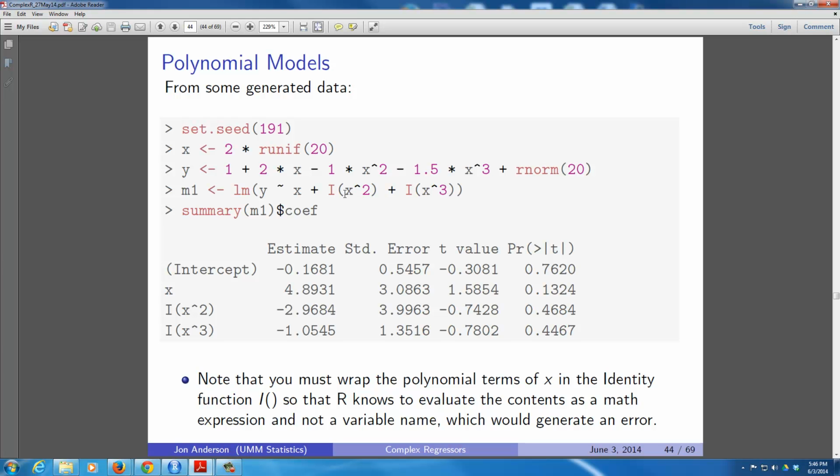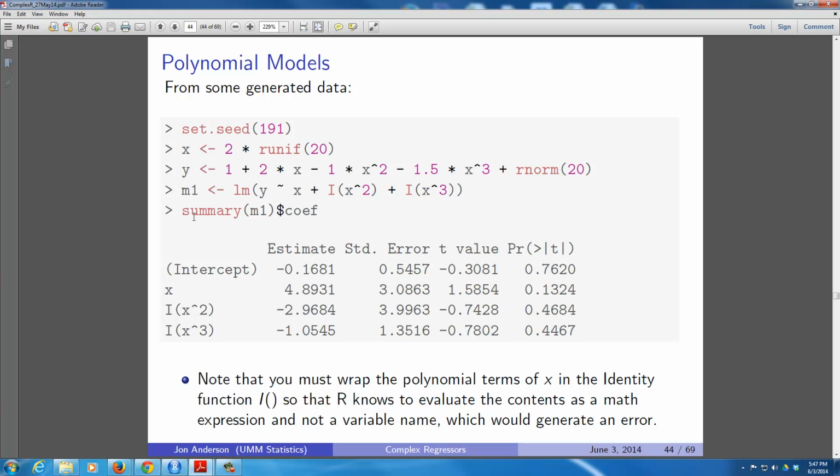The reason I need to wrap these x squared and x cubed terms in the identity function is so that R understands that those are functions and not variables. Otherwise it'll be confused and look for a variable called x squared, and it won't be able to find it. With the identity function, it realizes I want to use the x squared function.